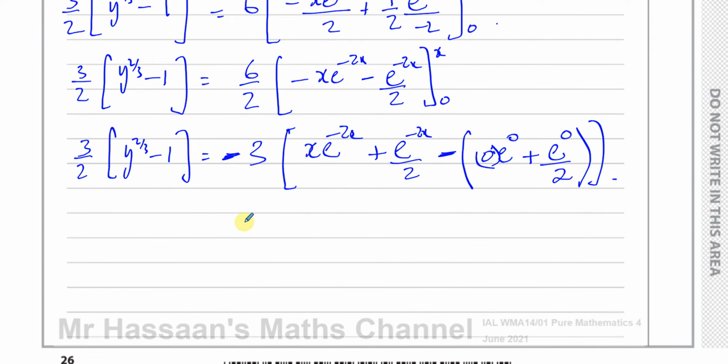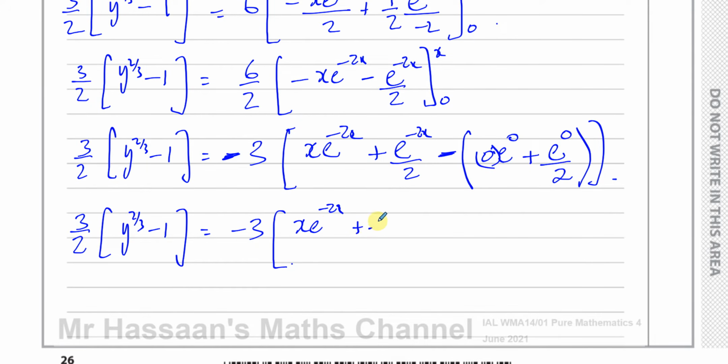All right, so now this is 3 over 2 times y to the power of 2/3 minus 1 equals minus 3, and this is going to be x e to the power of minus 2x plus e to the power of minus 2x over 2, and this is going to give you minus, this is 0, and this is a half. E to the power of 0 is 1, it's 1 over 2. That's as far as I've got here.